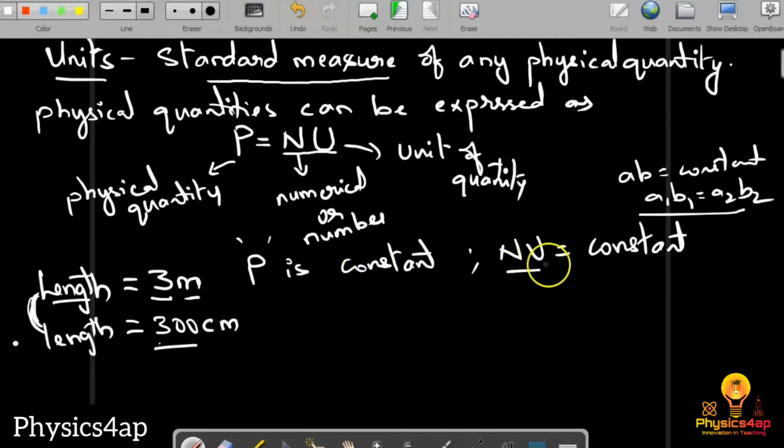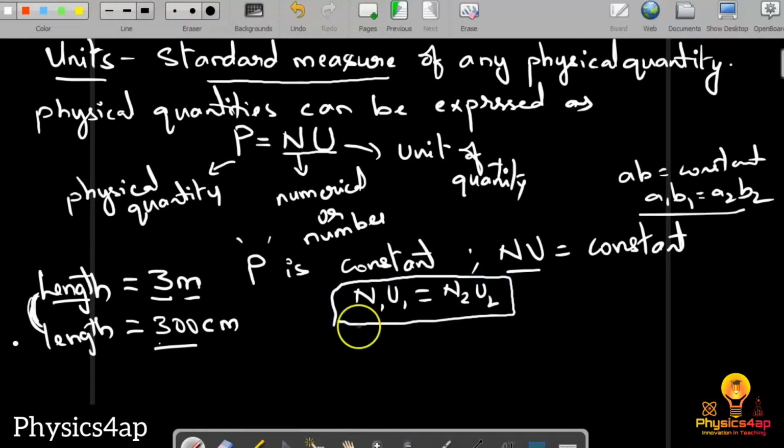So as nu is equals to constant, we can write it as N1 U1 is equals to N2 U2. సో దీనినే ఇంకొక విధంగా ఎలా రాసుకోవచ్చు అంటే మ్యాథమెటికల్ ఫామ్ లో. Nu is equals to constant కదా, సో ఇందులో నుంచి n is equals to constant by u.